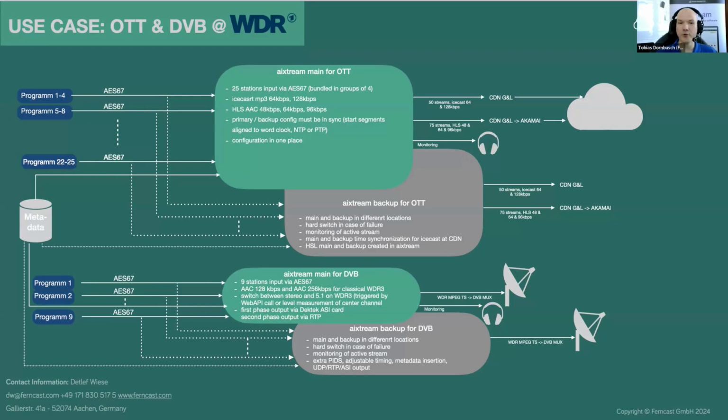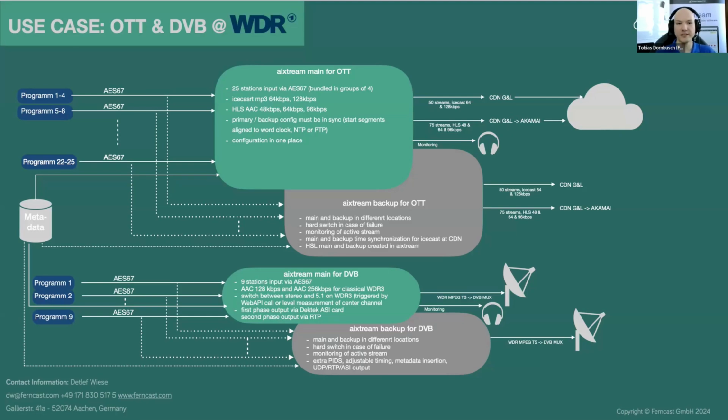What is probably most noteworthy here, referring back to what we said earlier about the scalability and the flexibility, is that originally in the WDR use case, their streaming, as you can see on the diagram here, includes HLS streaming with AAC, unsurprisingly, but also Icecast streaming with MP3.